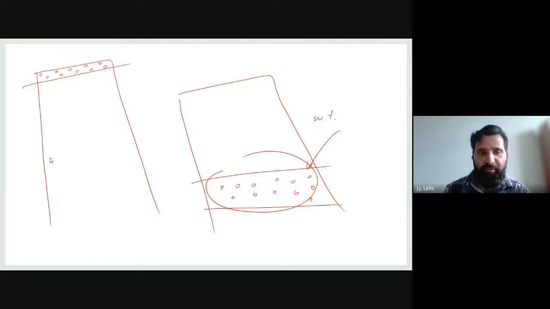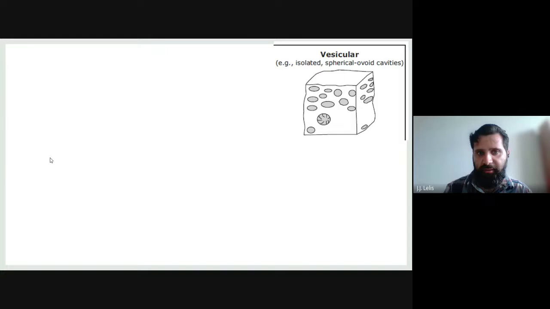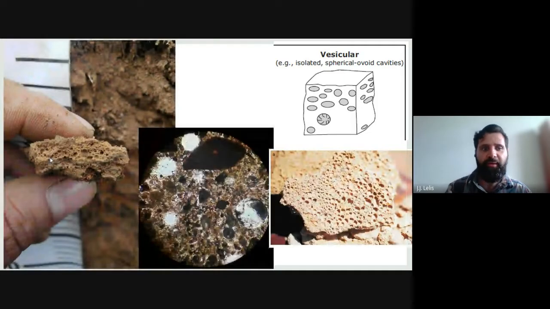In both cases, we need high activity clays to form this shape of void, okay? So it's quite interesting that only basic information like the type of the void could tell us if that horizon was formed in a dry climate or a waterlogged condition.